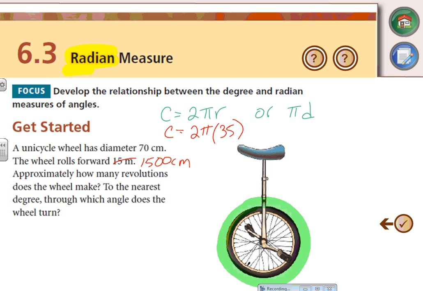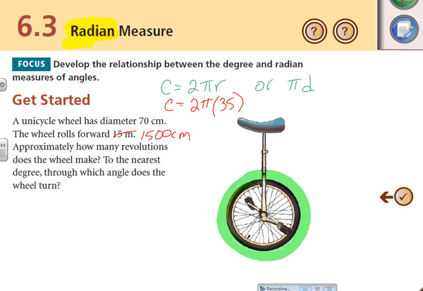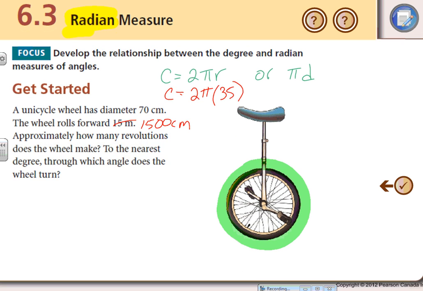And I want to know how many times that wheel turns in 1,500 centimeters. So let's divide them. 1,500 centimeters divided by 2 pi times 35 gives us about 6.8209, so about 7 revolutions.